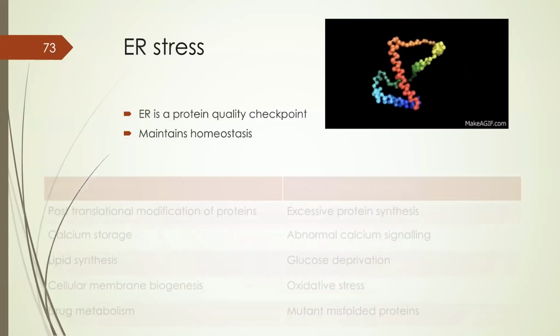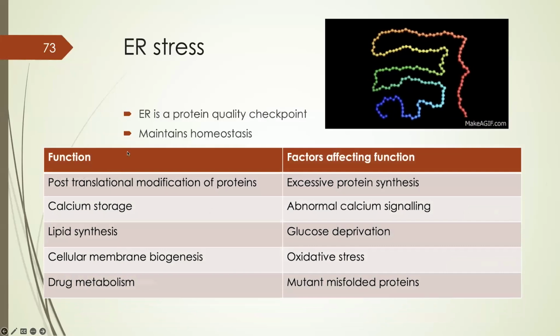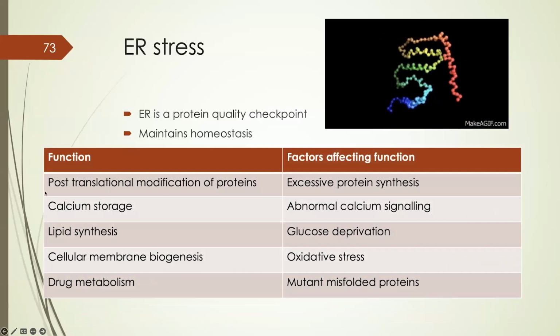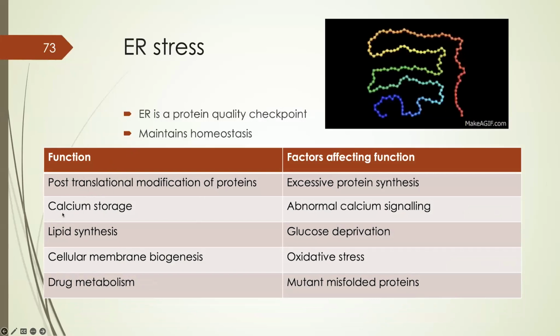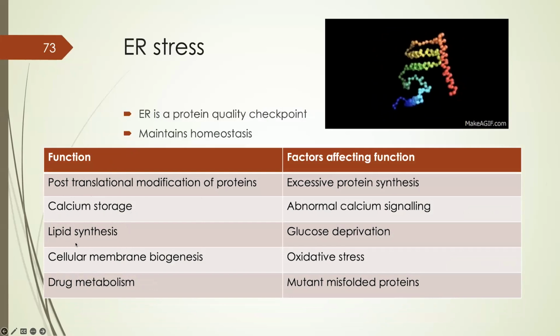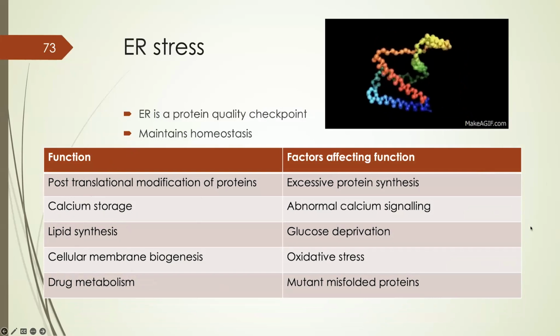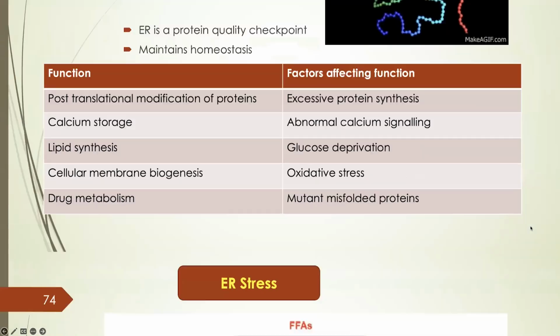The endoplasmic reticulum is important for so many functions in day-to-day functioning. It can lead to post-translational modification of the protein. It is important for calcium storage. This is the area where lipids are formed. This is the area where cellular membrane biogenesis occurs. And this is the area where most of the protein and drug metabolism occurs.